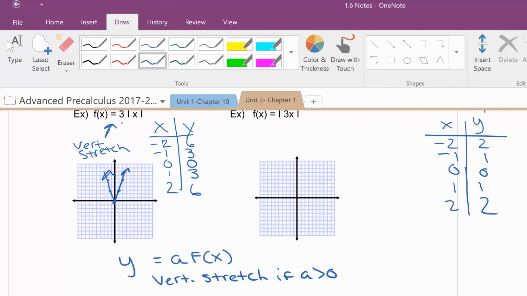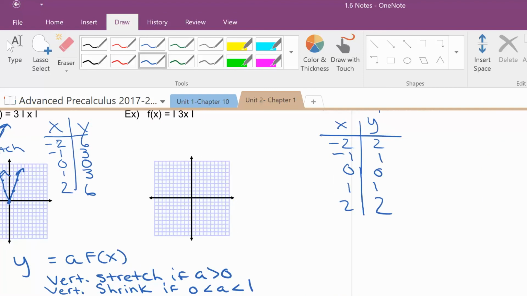But if you were multiplied by a fraction less than 1, like 1/3, it would shrink these y values. So it's considered a vertical shrink if a is between 0 and 1. If it's a fraction between 0 and 1, it's considered a vertical shrink.